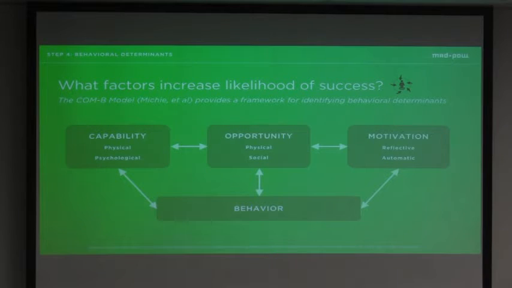For this we use the COM-B model by Susan Michie from University College London. It's a framework that allows us to think about those behavioral determinants in a systemic way. So we're looking at behavior on the bottom, and capabilities, opportunities, and motivation.